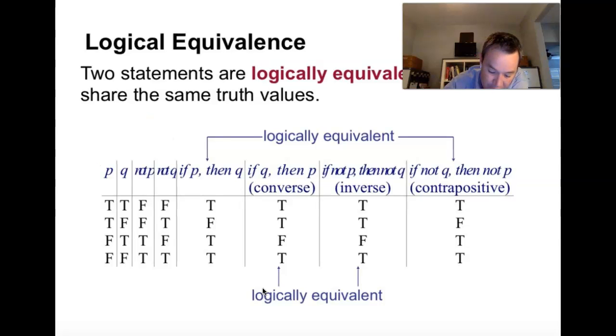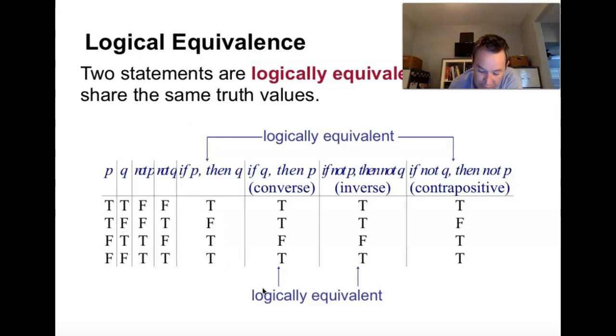Here we have the original conditional statement, if P, then Q. Remember that a conditional statement is only false if the hypothesis is true while the conclusion is false. Then the outcome is false overall. Any other combination gives a true outcome, and that's just by definition.